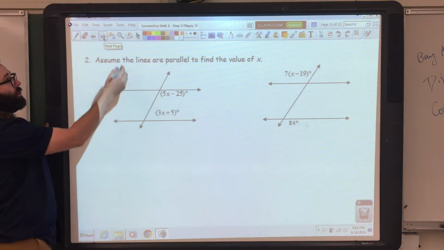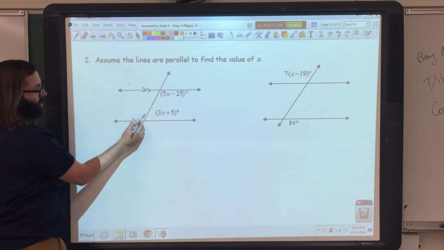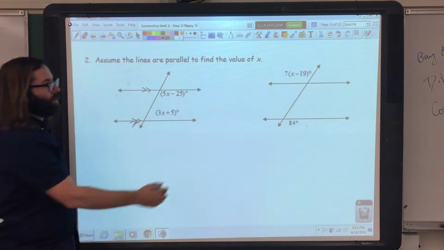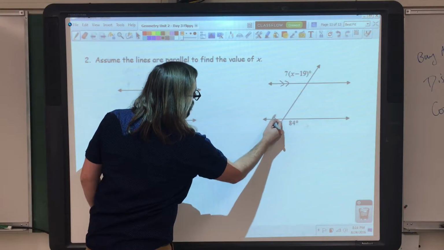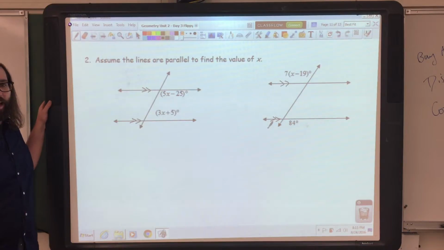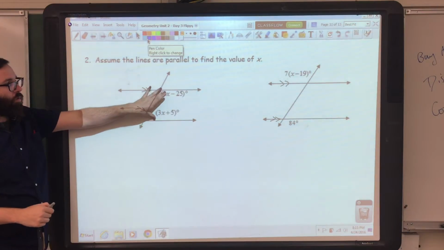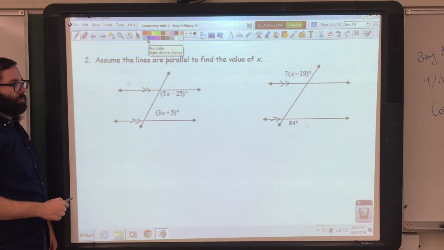Alright, so we're going to assume they're parallel, and to write that they're parallel, we use these double arrows. Same thing over here. Double arrows. We have to find x. So first off, what kind of angles are these?